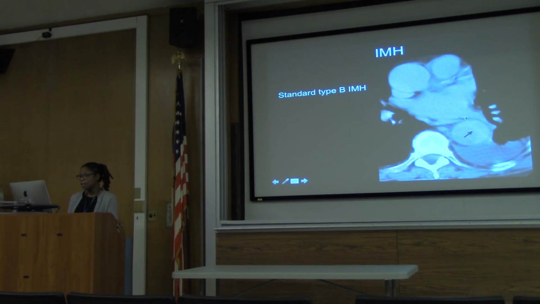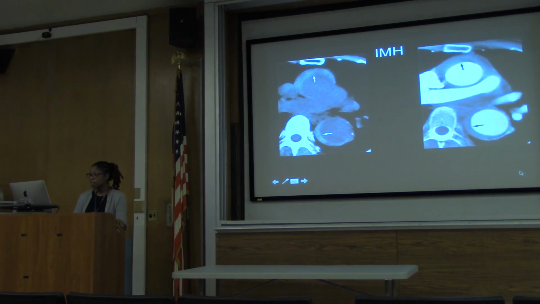Here's another, type B intramural hematoma. We can see here that the ascending aorta looks fine. There's no hyperattenuation in the outer circumference of this portion of the aorta. But then in the descending aorta, we see this crescentic region in the aortic wall that's compatible with an intramural hematoma. And just to again highlight the importance of the pre-contrast study, pre-contrast, the patient obviously has an intramural hematoma.